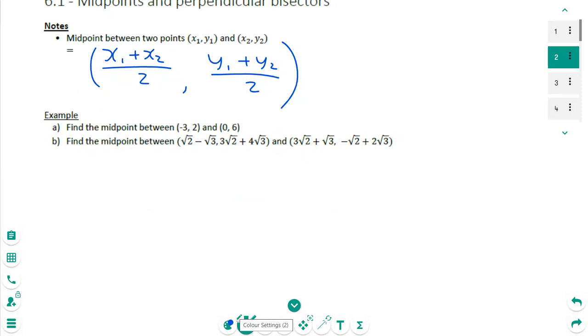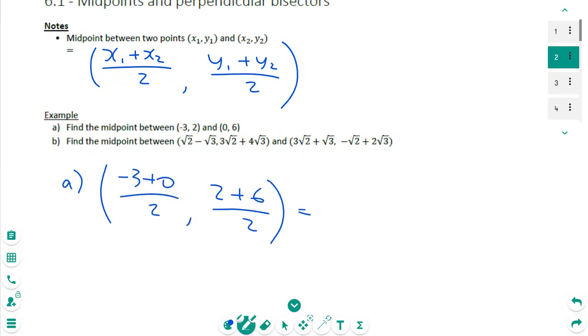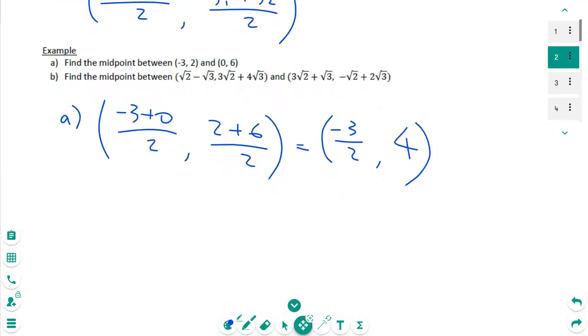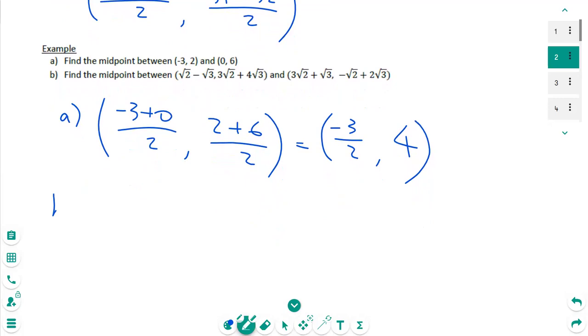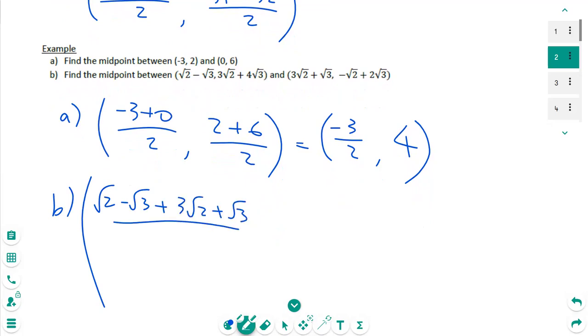So question A, to find the midpoint, I will do -3 plus 0, halve it, 2 plus 6, halve it. Put it in a calculator one by one, and you should get -3/2 and 4. Right. Part B, the same thing, but this time in surd form. So don't fret, just do one by one. For the x coordinate, it's √2 minus √3 plus 3√2 plus √3, over 2.